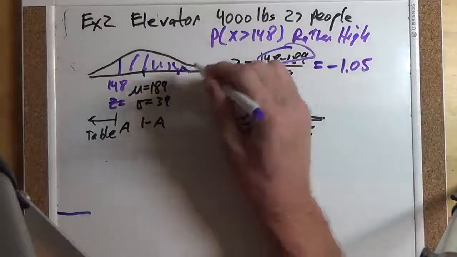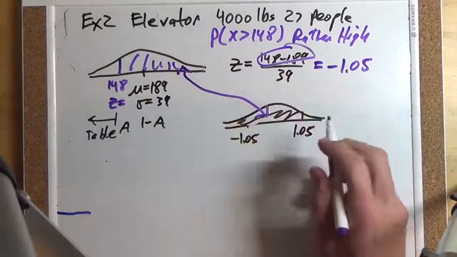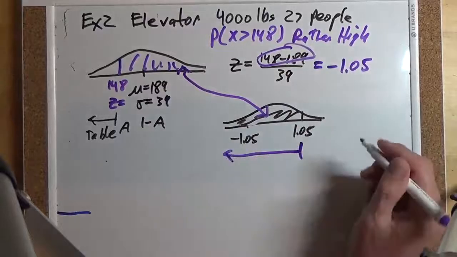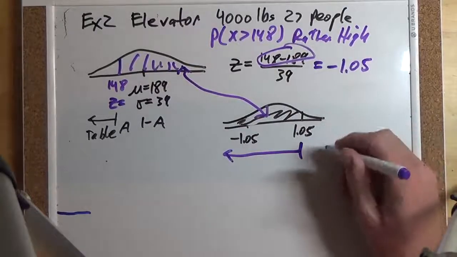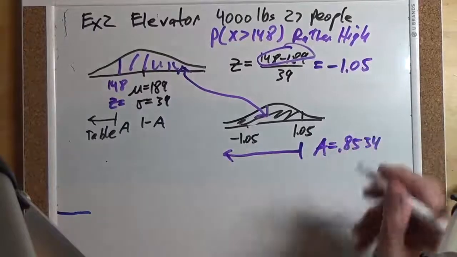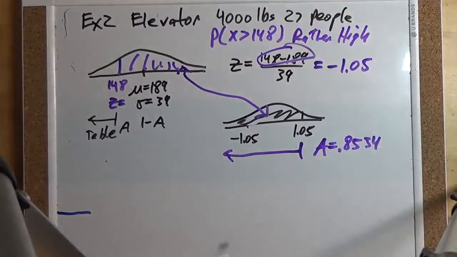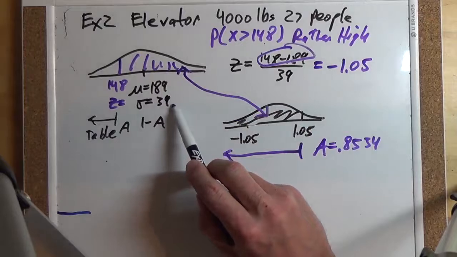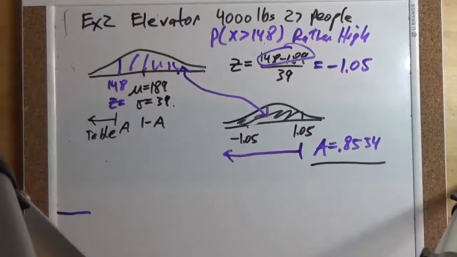These areas are the same. I do that because if I look in the table, I get the area to the left, and I don't have to do a subtraction. 0.8534. So the probability that a randomly selected male would weigh more than 148 pounds, given that's the mean and standard deviation of our population, is about 0.85. That makes sense because I knew it was rather high.